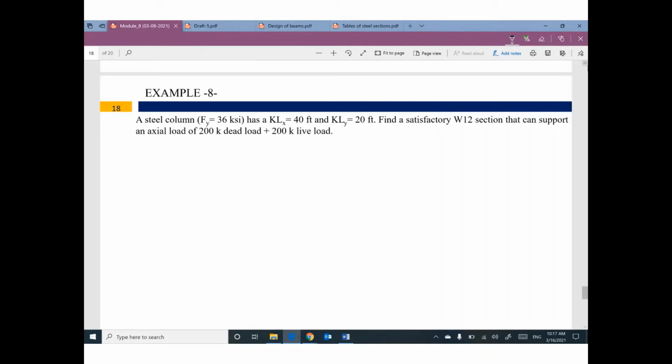We have a steel column, F yield equals 36, KLx equals 40, KLy equals 20. Find a satisfactory W12 cross section that can support an axial load of 200 kips dead load and 200 kips live load. Do you know what is the meaning of KLx and KLy?